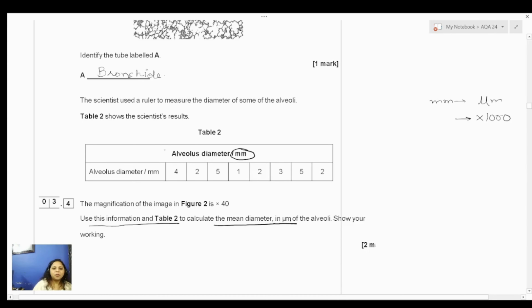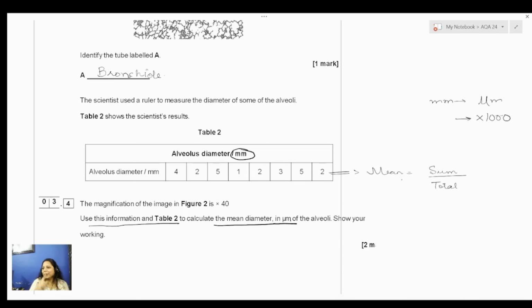So first of all, we are going to take the average or the mean. How to calculate the mean? The total. So do you have a calculator with you? Can you please calculate the diameter really quickly?